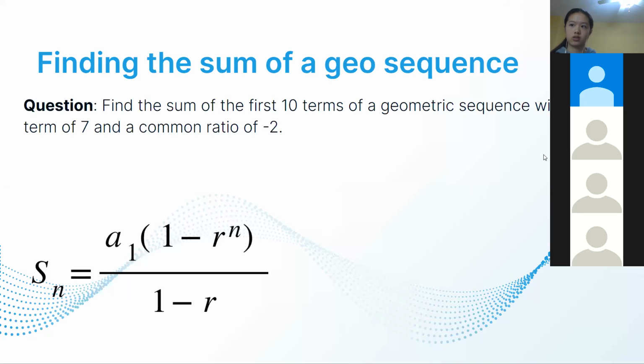Yeah, Shriyam, that is true. Now, no. For this question, the -2 has to be in parentheses. So if you subtracted -2, it would be the same as adding 2. But in this case, the -2 is separate. So make sure when you're typing in the calculator, you type 1 minus (-2) to the 10th.